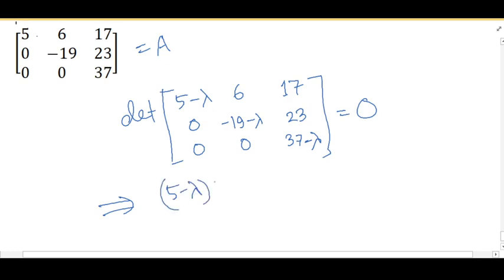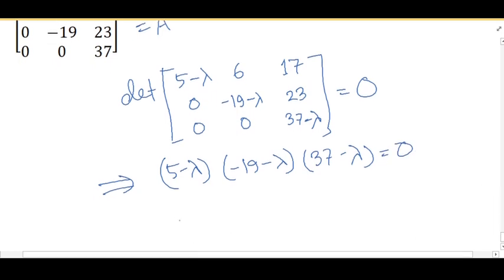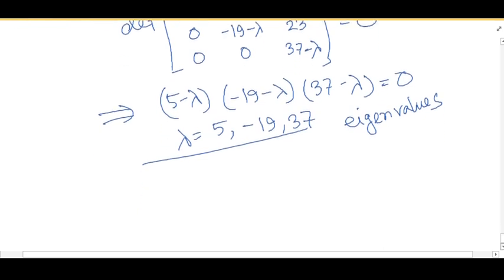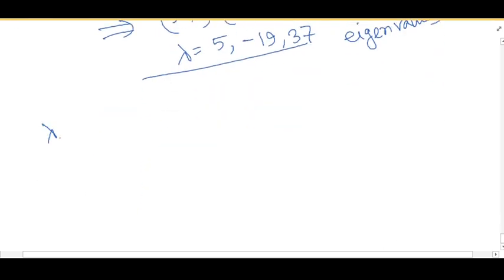I'm not going for the details, you will be doing the details, and calculation is important here, remember, 37 minus lambda equals 0. From there, lambda values can be easily obtained as this. So these three are the eigenvalues, and now the corresponding eigenvectors.